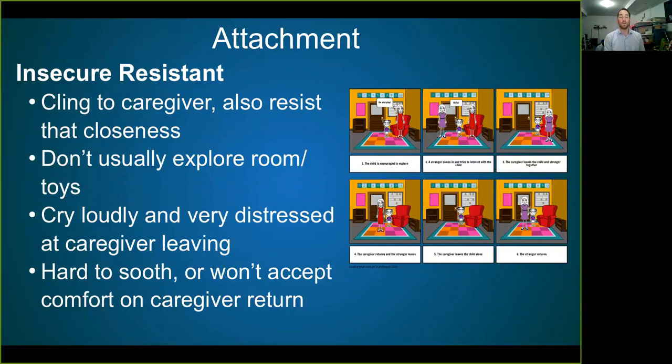And they often have a really hard time being soothed and comforted when the caregiver comes back. So they care a lot that it's left, but when the caregiver returns, they still are not calming down. So you might imagine that maybe this child hasn't had a lot of experience with consistent and responsive caregiving. Maybe this child has learned over time that the caregiver isn't always going to be there for them. They want that attachment, but the caregiver is not always going to be there for them.